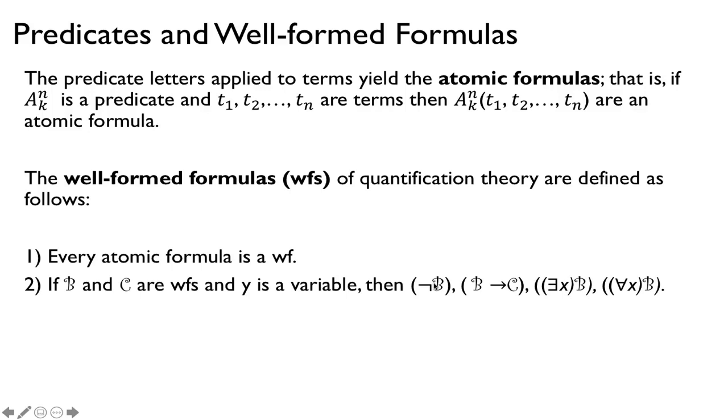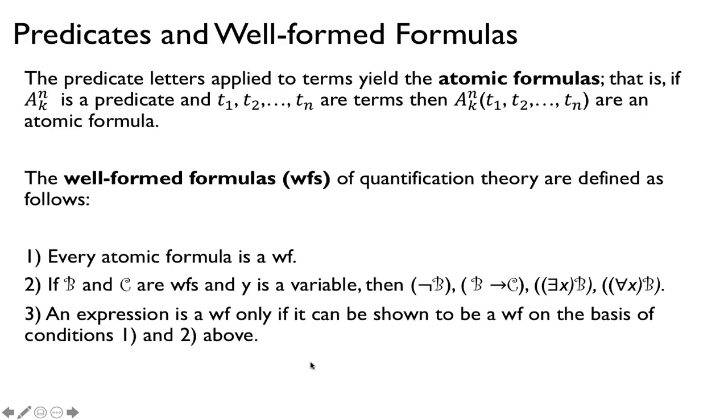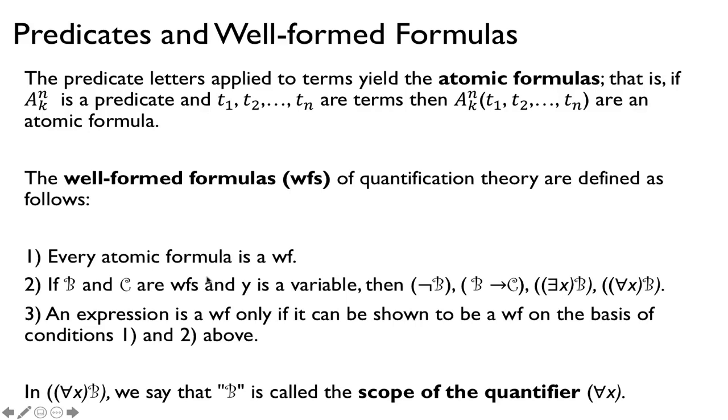Just like in propositional logic, once you have a basic statement letter, you can combine them to get more complicated ones. Well-formed formulas are the analog of that. So an expression is a well-formed formula if it's a combination of these rules. And for all x B, we say that B is the scope of the quantifier for all x.